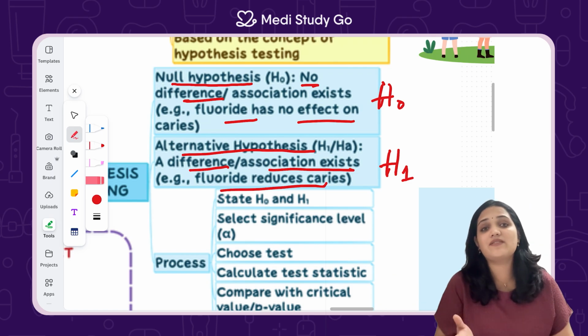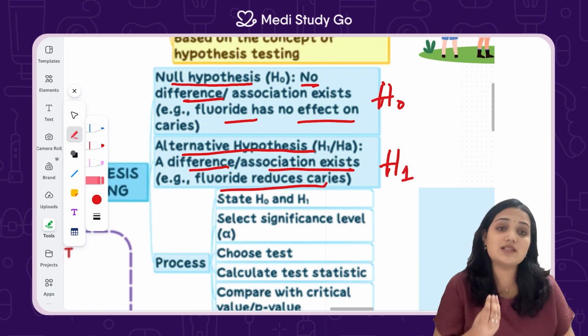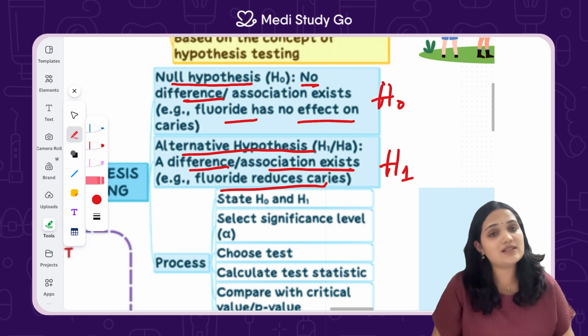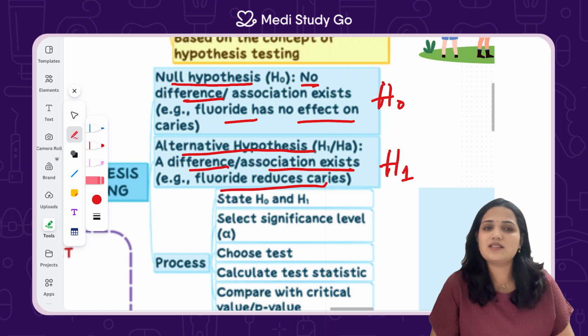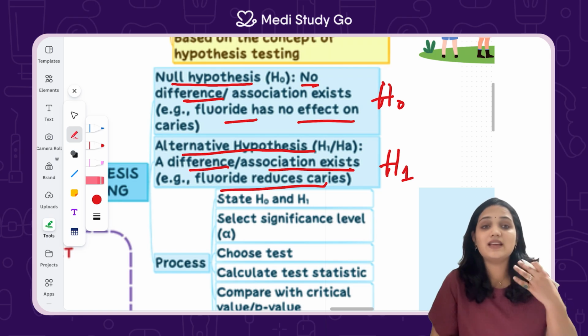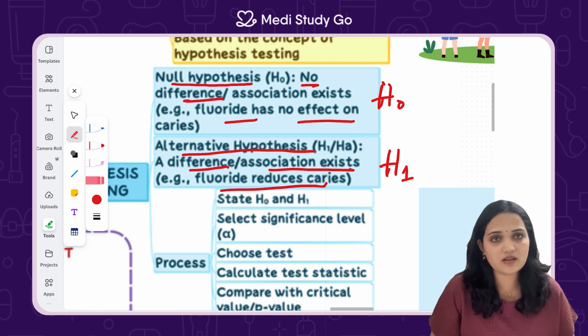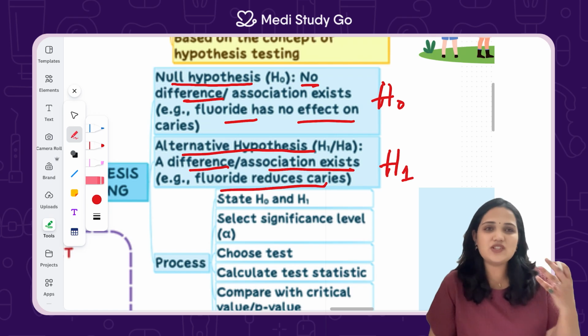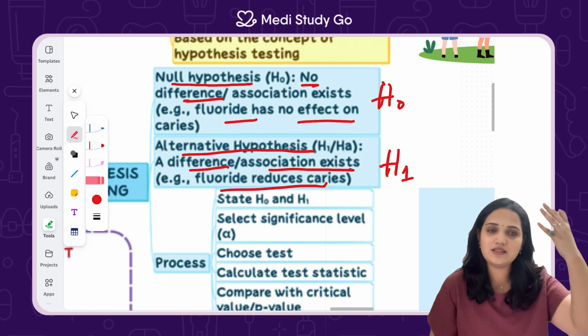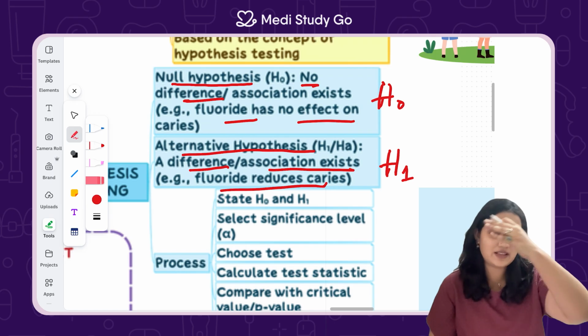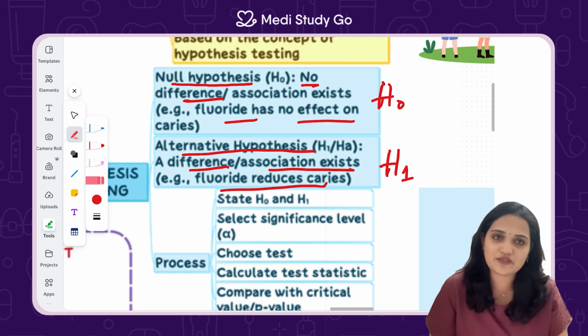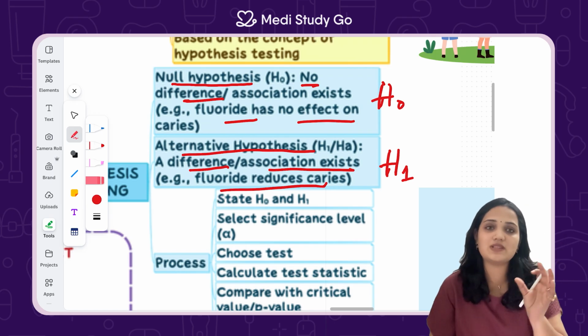And then we have something opposing that called the alternate hypothesis. This is just the opposite. It says that there is a difference. Same example, fluoride reduces dental caries. Understood? It's usually either one of the two. It's either there is a difference, or there is no difference when you are comparing between two sets.